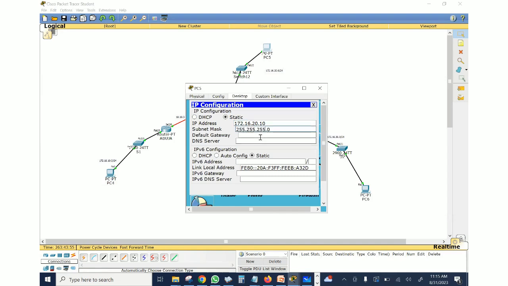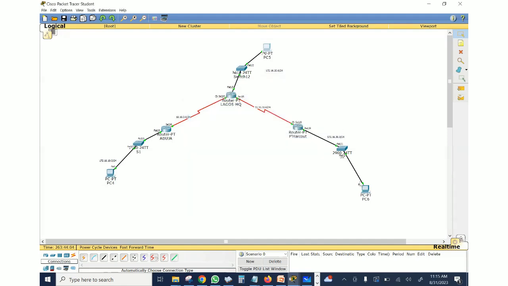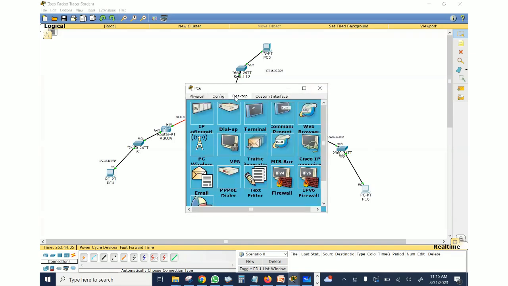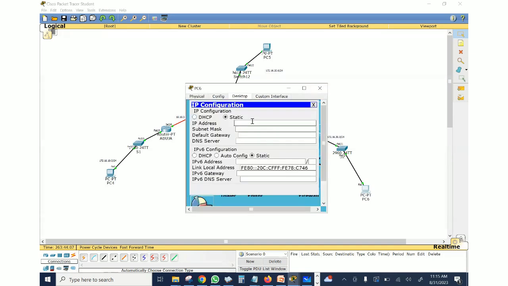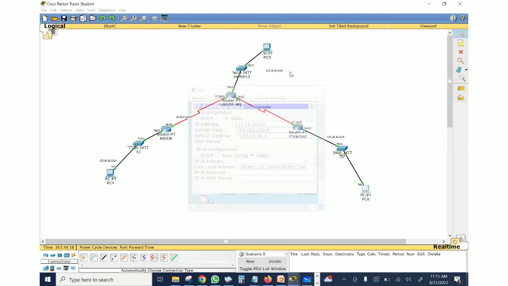So let's test if they can even reach each other. .20.1 is the default gateway, right? Yeah. So let's configure an IP address for this one. This is a .30 network, with 255 mask, and .30.1 for the default gateway.